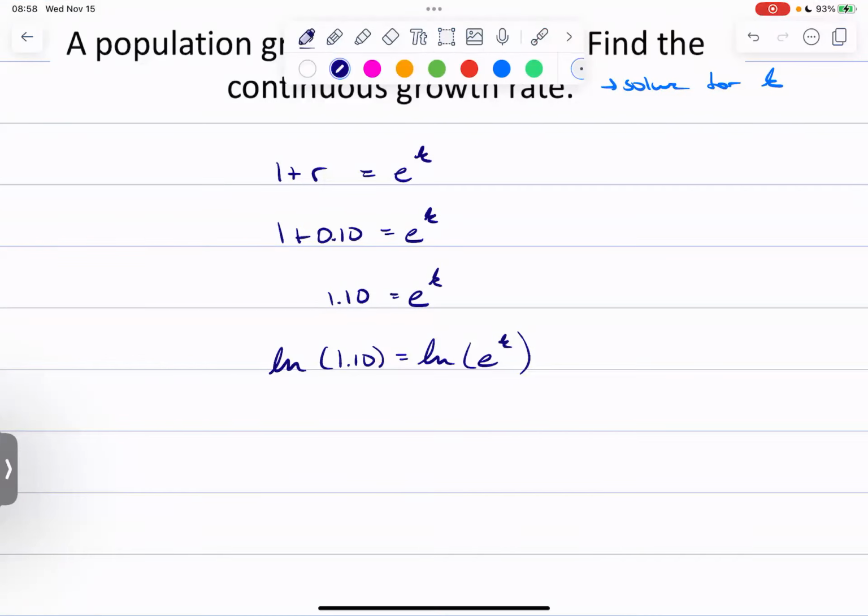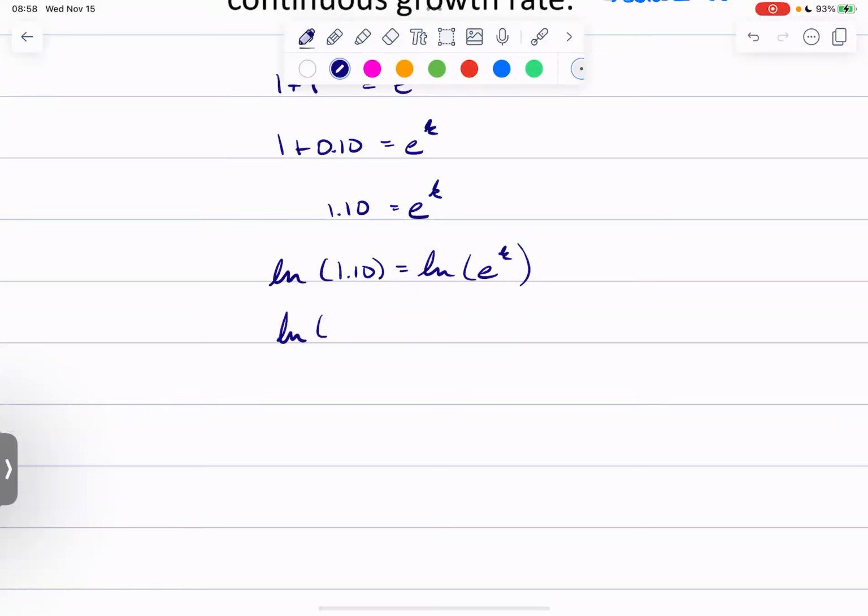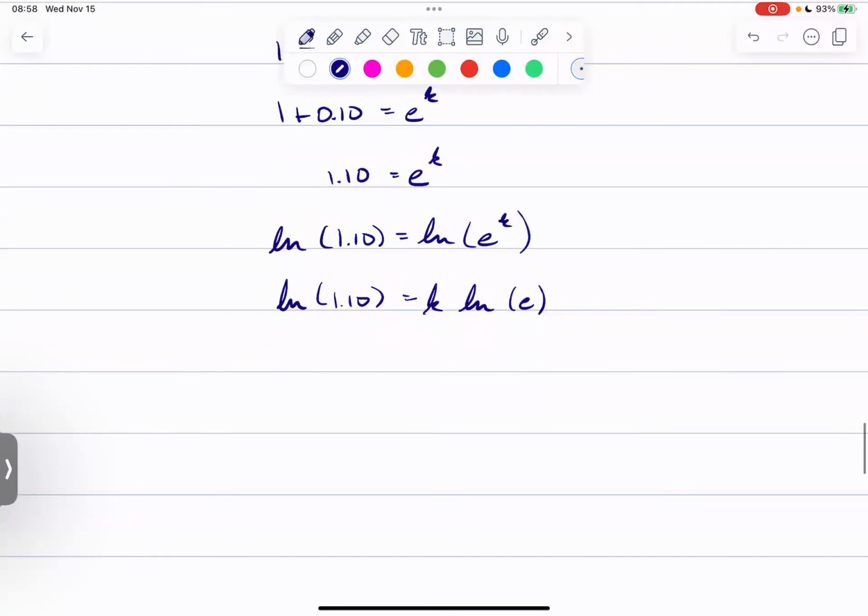K is brought downstairs, so then I have the natural log of 1.10 is k times the natural log of e. But the natural log of e, log base e of e, is 1, which is why I chose the natural log. Otherwise, I might have log base 10 of e, and that's fine, but then you'd have to calculate that.